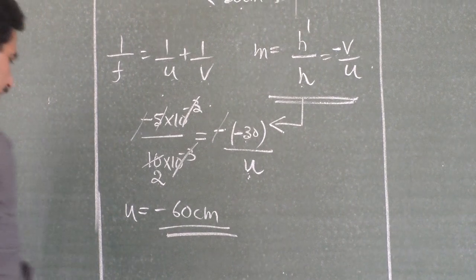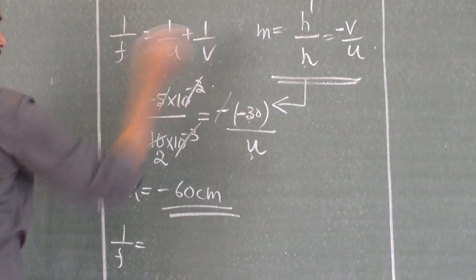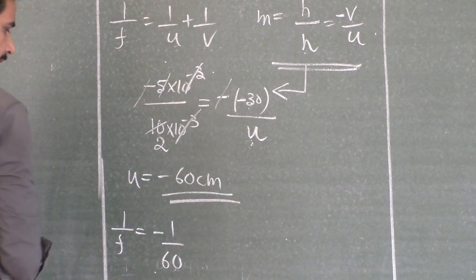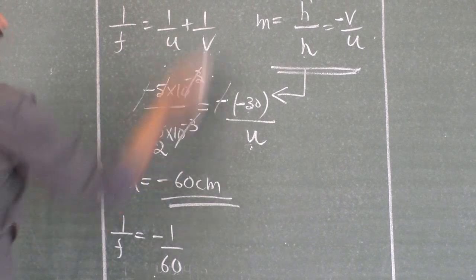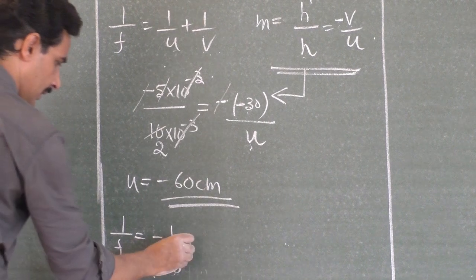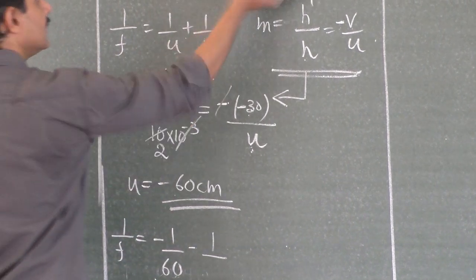So what is f? 1 by f is equal to 1 by u plus 1 by v. 1 by minus 60, of course the formula contains plus, but u is on this side so it is minus 60, plus 1 by v, where v is minus 30.